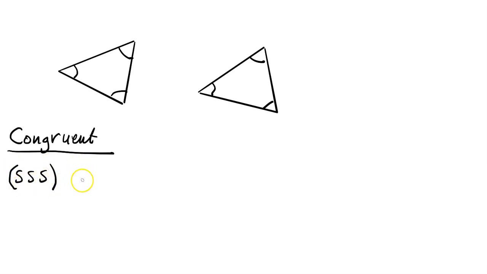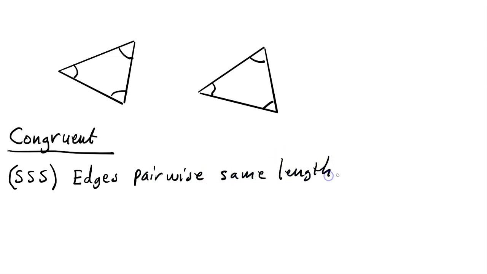If the edges, or sides, you can also call them edges of the triangles, are pairwise the same length, then we know that they are congruent.